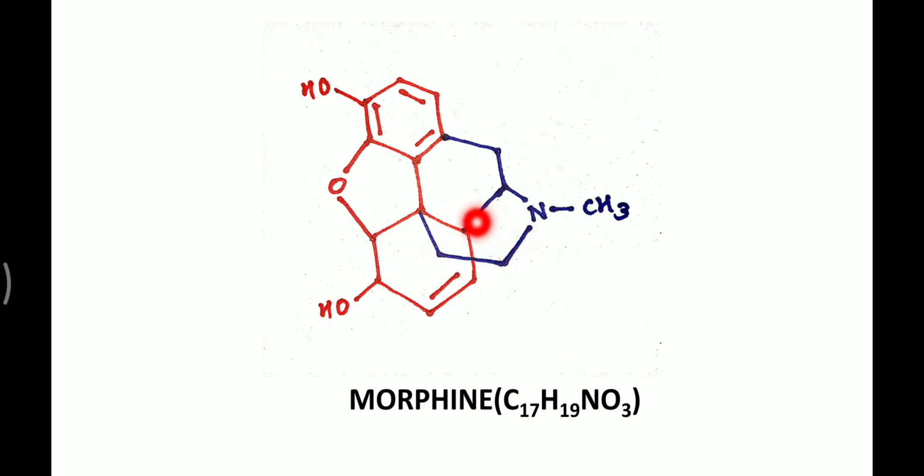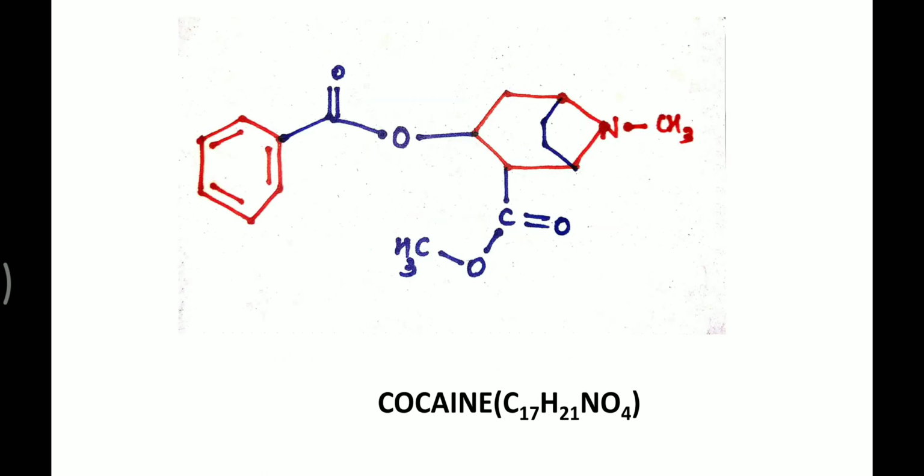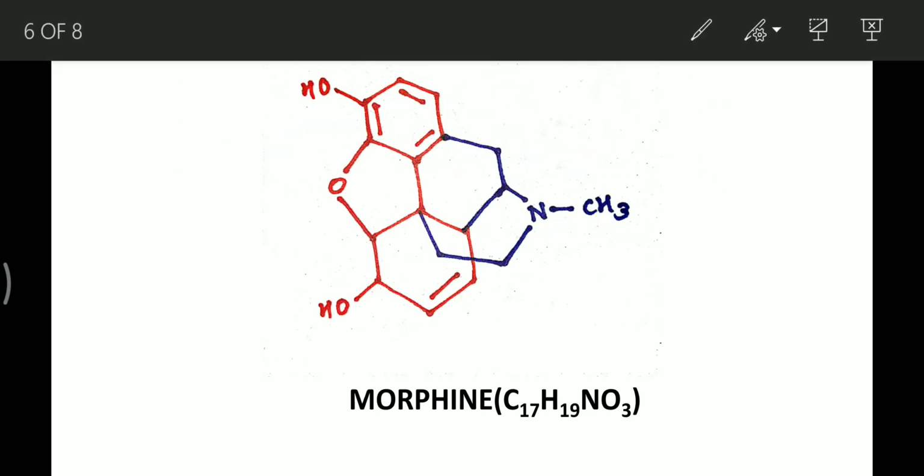So remember, this is 6 membered, this is 6 membered, this is 6 membered, this is also 6 membered, but only the oxide linkage containing structure is 5 membered. So we will see how to write the structure. So at first, write a benzene ring.